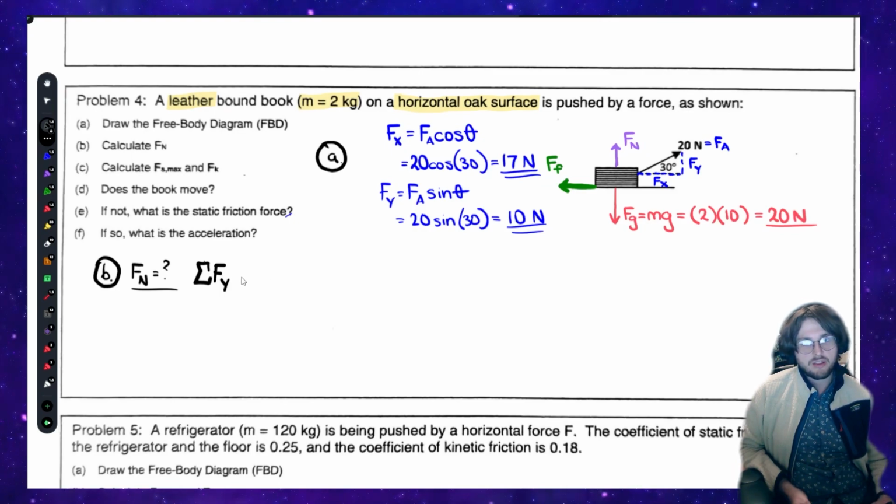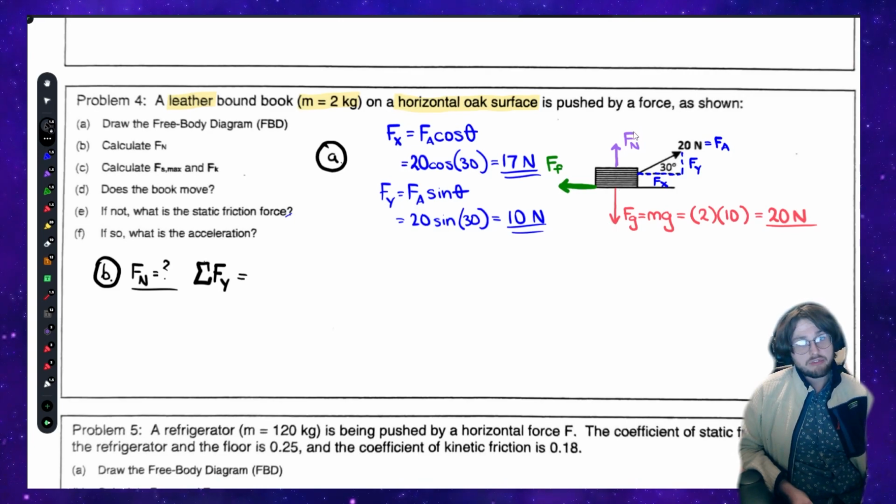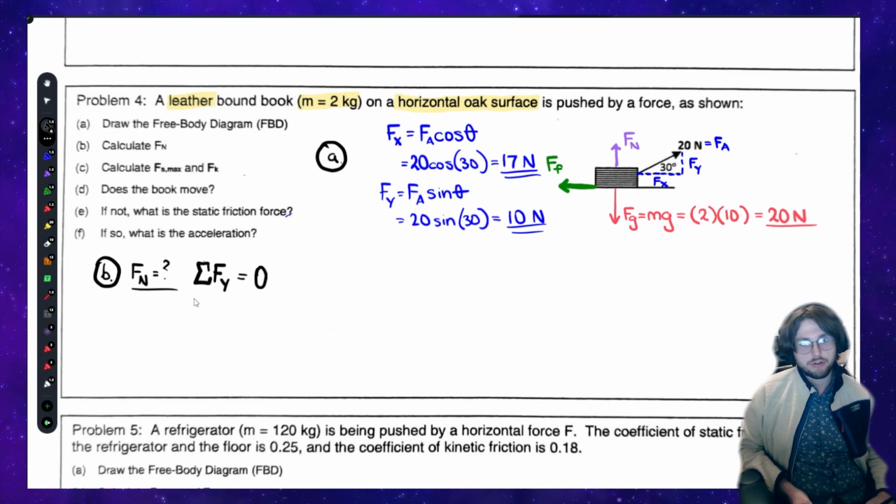So we're going to say that the sum of the forces in the y direction, we're setting up Newton's second law here, is equal to, well, it's not levitating and it's not crashing through the table. Generally, if it's sliding horizontally, that means that its vertical acceleration is 0. So all we really need to do in the vertical direction is add all the forces together and then move them around.